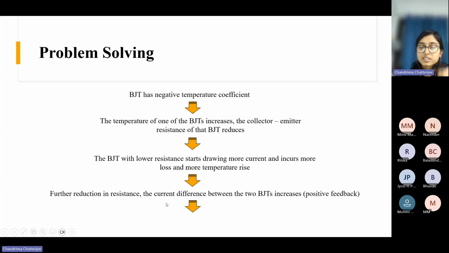So, further reduction in resistance, the current difference between the two BJTs increases, and this becomes a positive feedback system, and the devices get damaged in the process, both the devices. Because once one device gets damaged, the other device needs to carry the whole current, so that other device will also get damaged in the process. So, the parallel connection of BJT in this fashion is not possible. It is not a stable system. Okay.